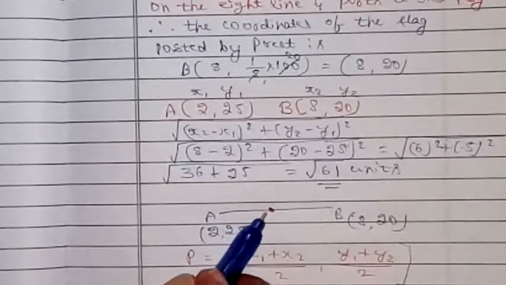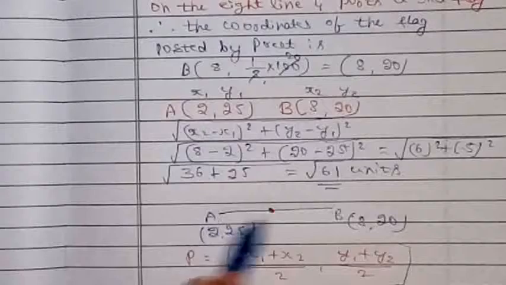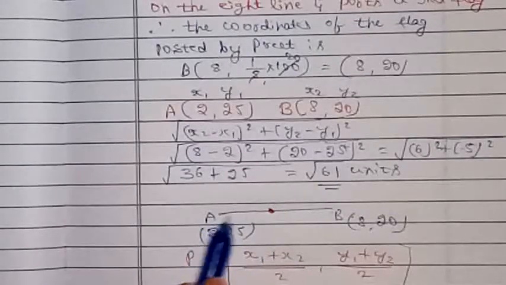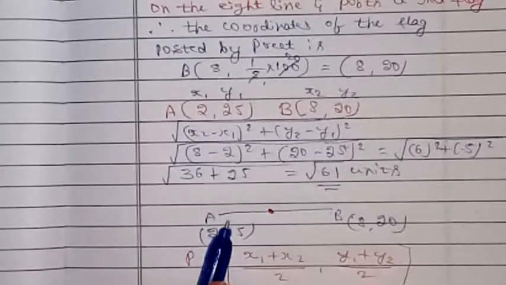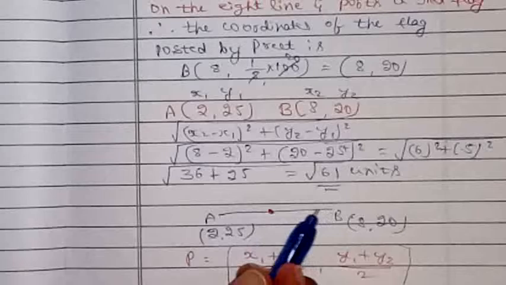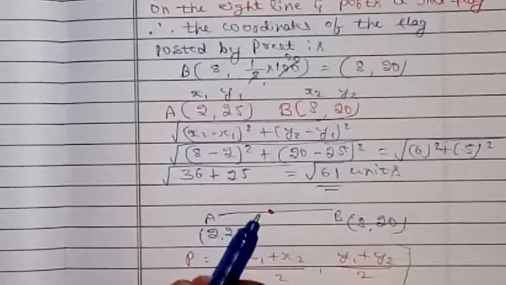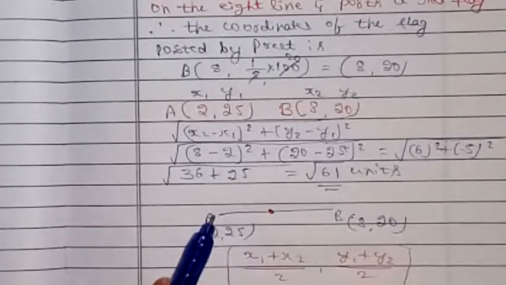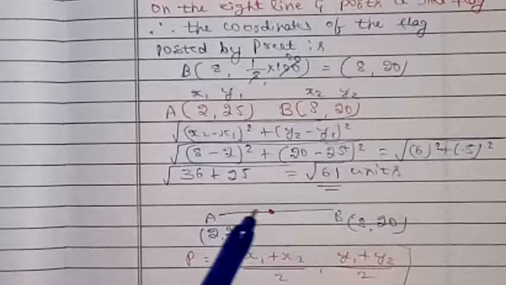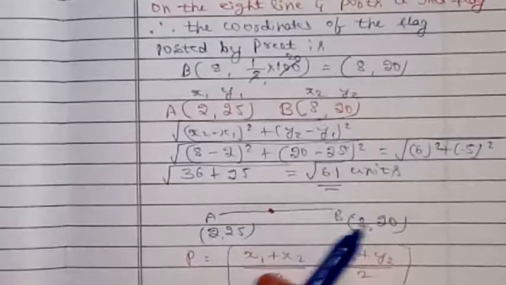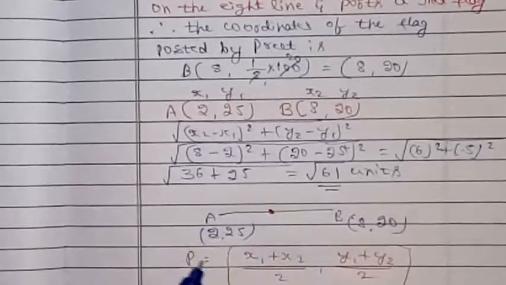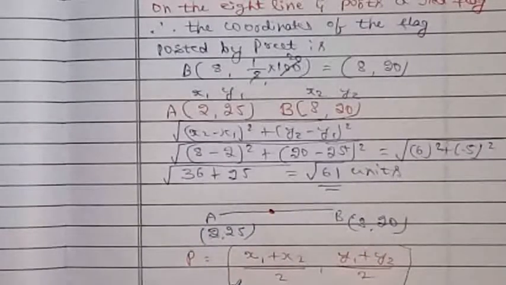If Rashmi has to post a blue flag exactly halfway between the line segment joining the two flags, the coordinates of the flag posted by Rashmi equal the coordinates of the midpoint of AB. Right, children? Now you have the midpoint section formula, and you have the coordinates. Now just find the coordinates by using this formula.